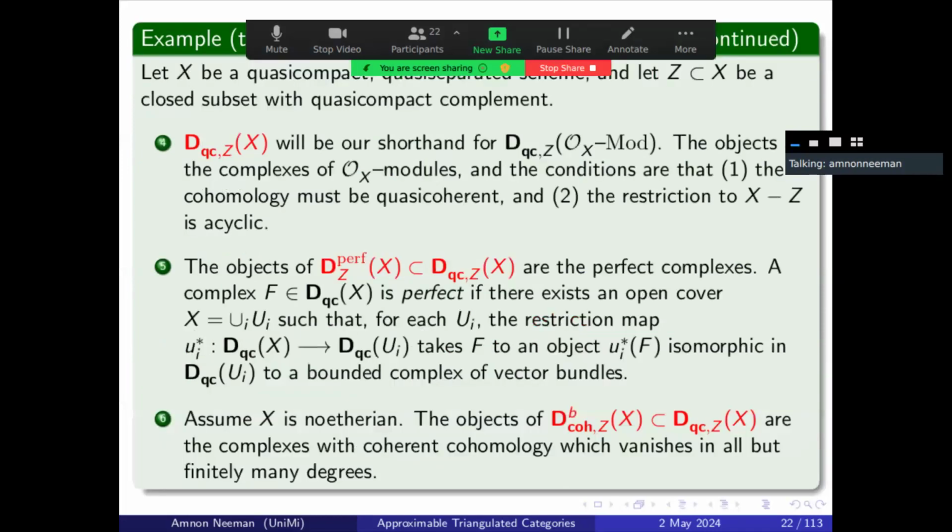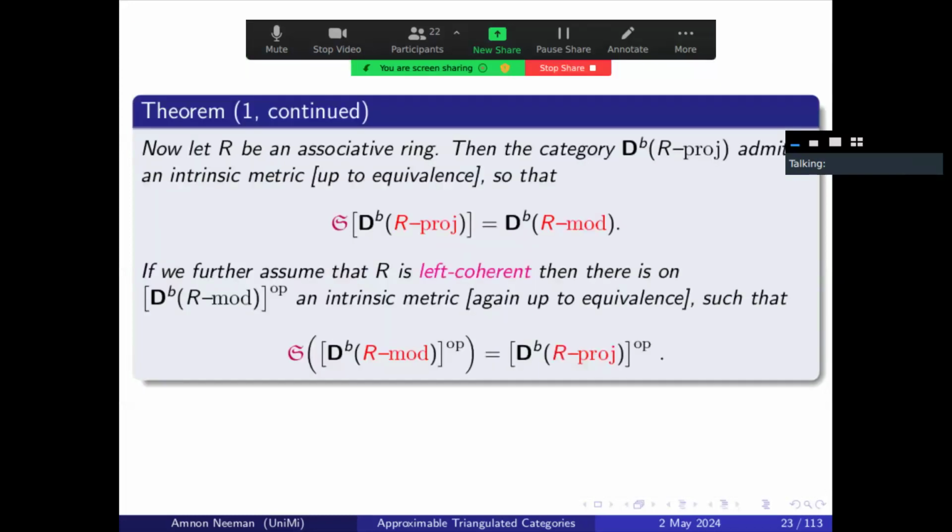And okay, there's an algebraic geometry version, which I will leave out for now. And the theorem says that the S construction takes the little category, so with an appropriate choice of metric, the S construction takes bounded complexes of projective modules to bounded complexes of all finitely generated R modules, and vice versa. There's a metric on the opposite category of dB of R mod, such that when you apply S, you get dB of R proj up.